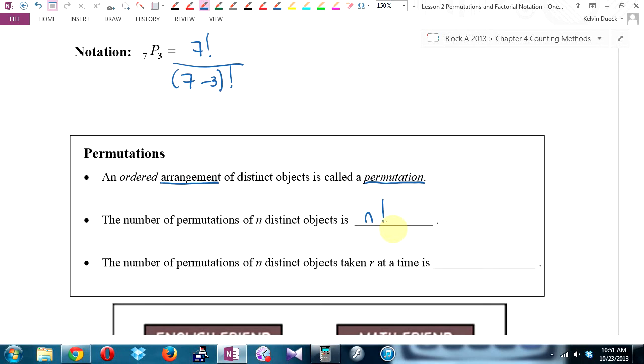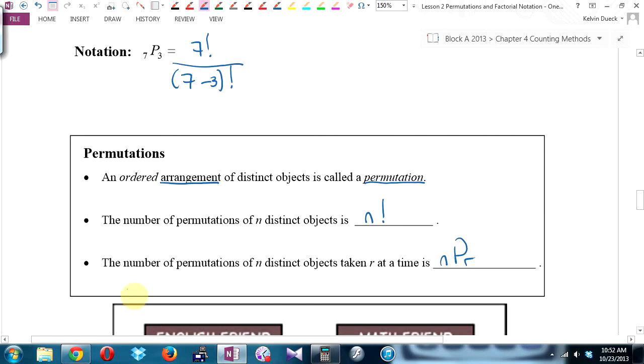If you're not picking all of them, if you're only picking a certain number at a time, we write that like this: nPr. You have n objects and you're picking r at a time. You got 8 letters, you're picking 2 at a time. You got 10 letters, you're picking 5 at a time. You got 6 songs, you're picking 3 at a time.